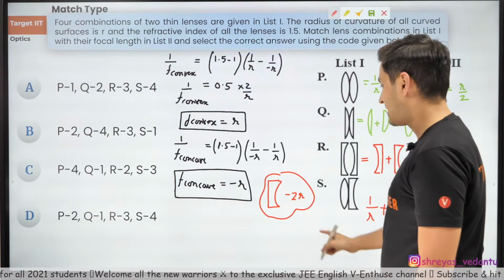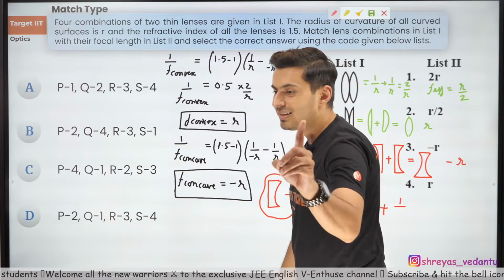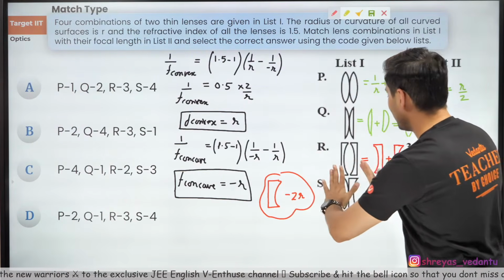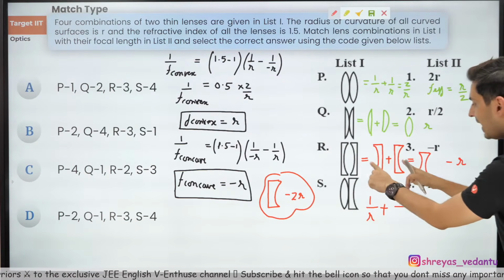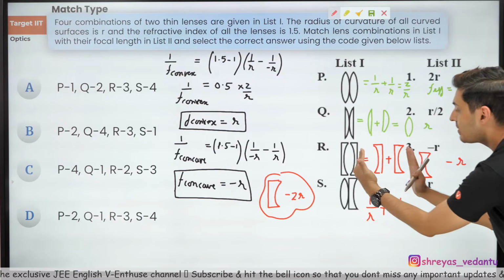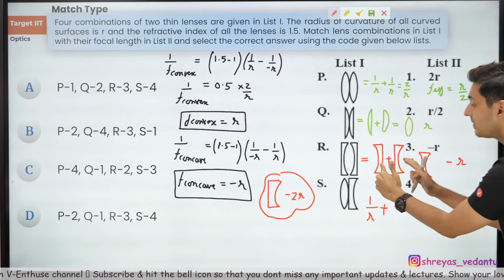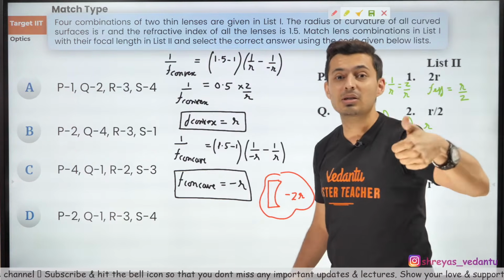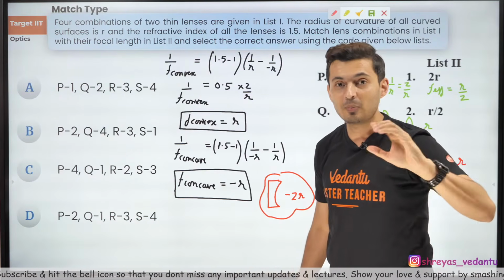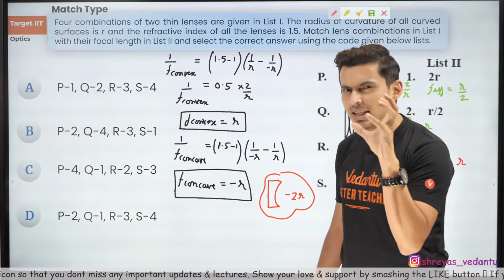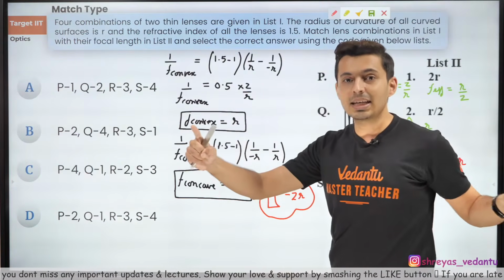Be careful, guys. It is minus 2r. Why is it minus 2r? Remember, when you take a concave lens like this and divide it into 2, the power gets divided. So take a concave lens and divide it into 2, the power becomes half. And power is inversely proportional to focal length. So if power becomes half, focal length will become twice. It will become less powerful. Focal length will increase.